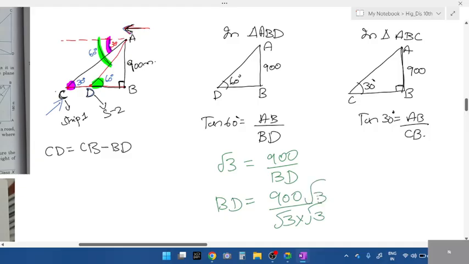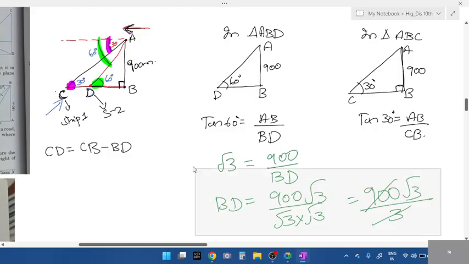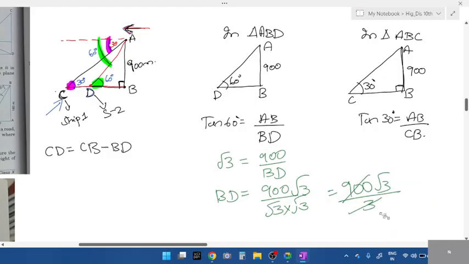Rationalize this. When you rationalize, what do you all get? 900 root 3 divided by 3. You get 300 root 3? Yes.